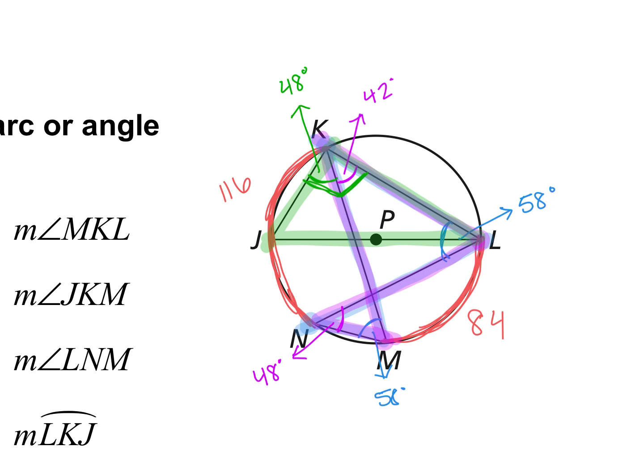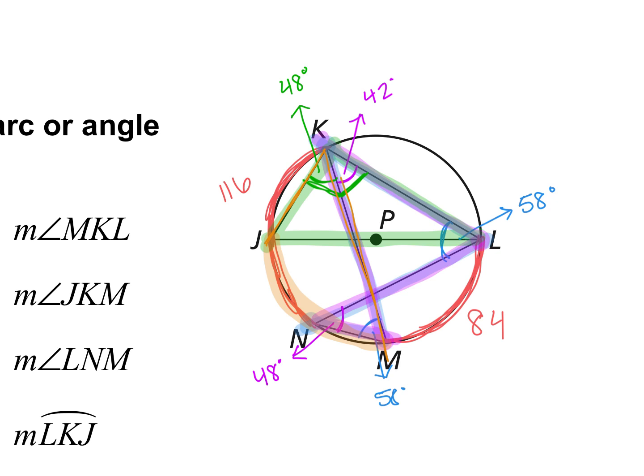Pay attention to this one. Because this right here is one angle, and I know it's 48. I am now also able to find another arc. So right here in orange, I can find that arc because I know this angle measure in orange.